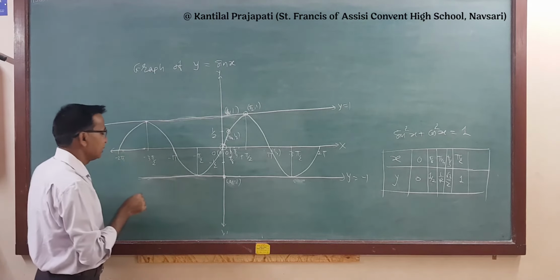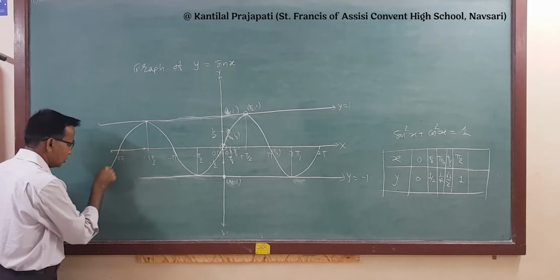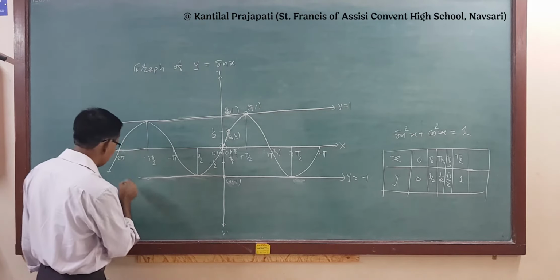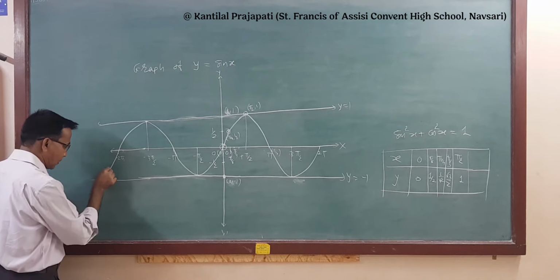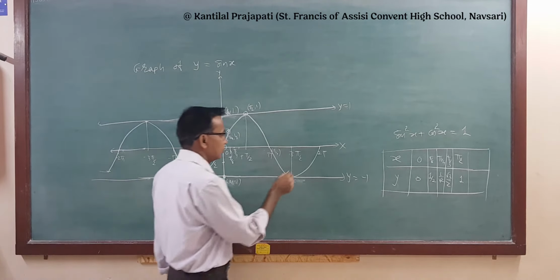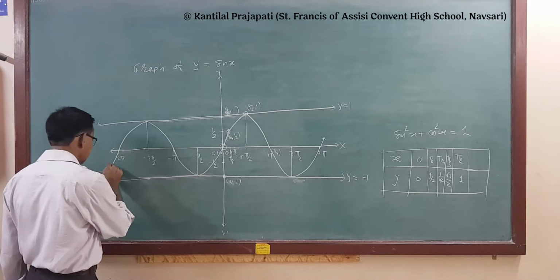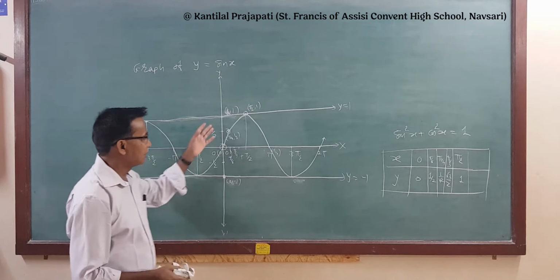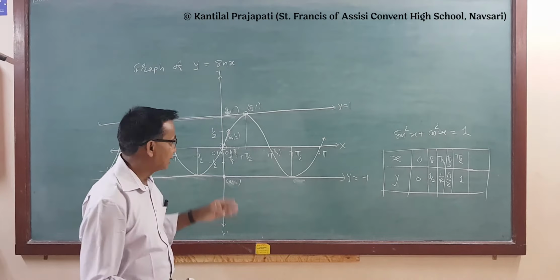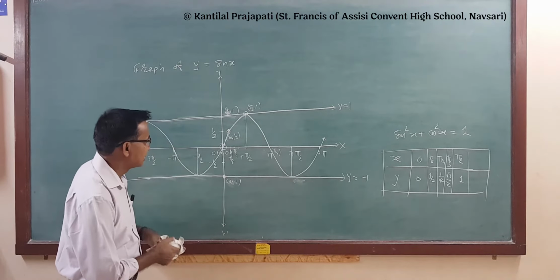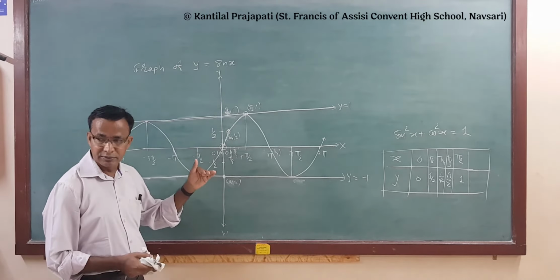So this is the graph of the sine function. From the graph we get all the properties of the sine function. The sine is a many-one function. Why?